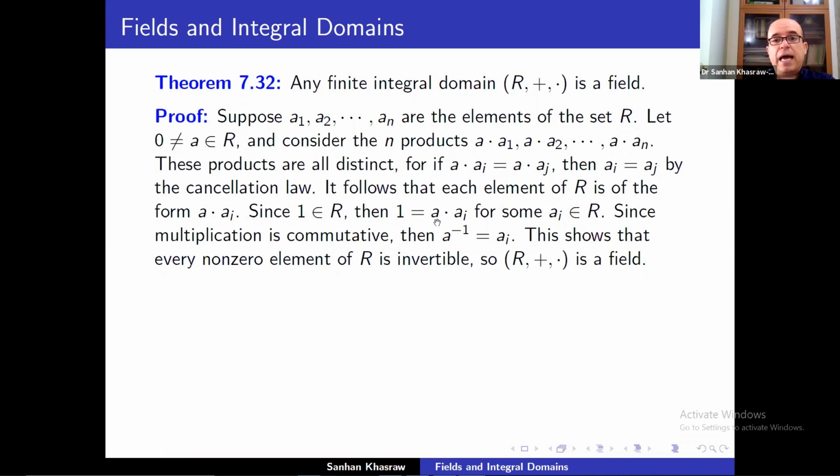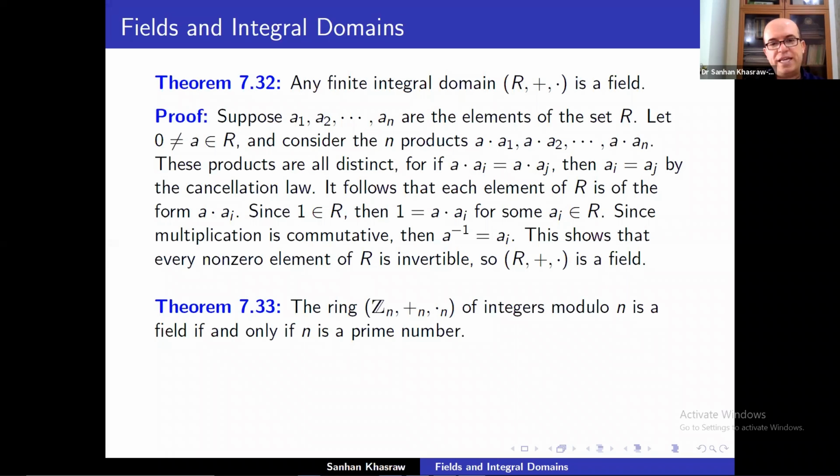So it means A has a multiplicative inverse, because A multiplied by A_i is 1. So the inverse of A is A_i. This shows that every non-zero element of R is a unit. Then R is a field. I hope the proof is clear.